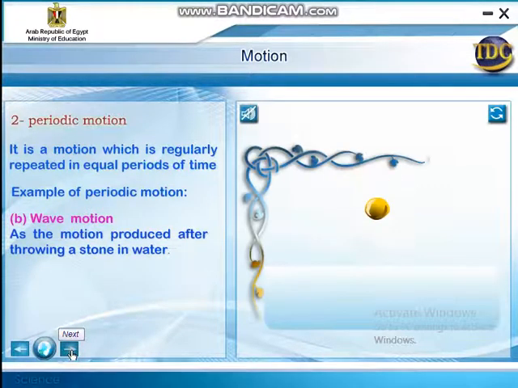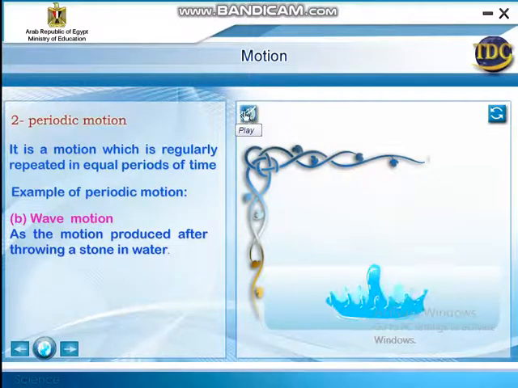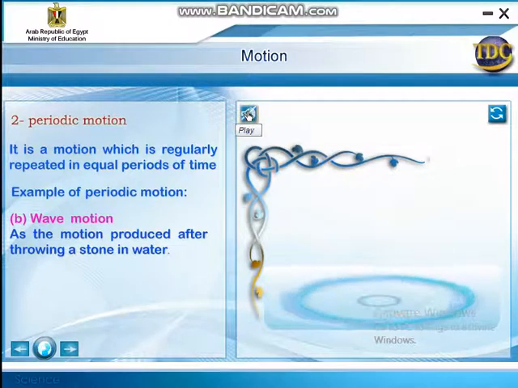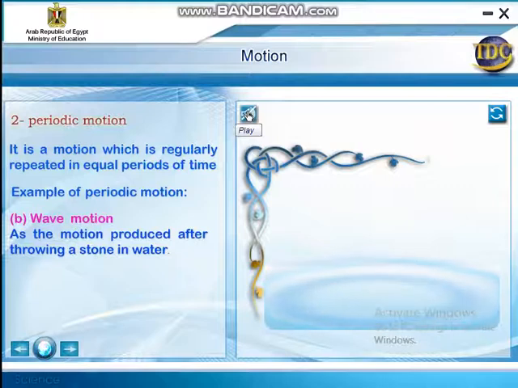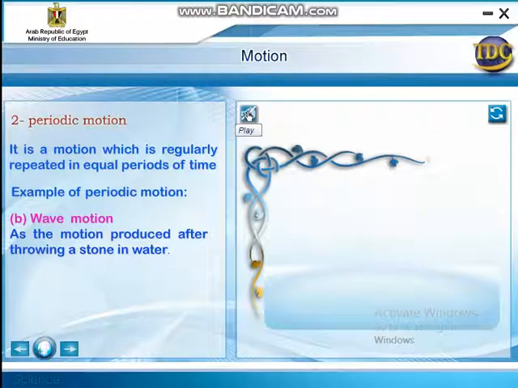Number 2, wave motion, as the motion produced after throwing a stone in the water. It makes water waves. It has a circular shape.